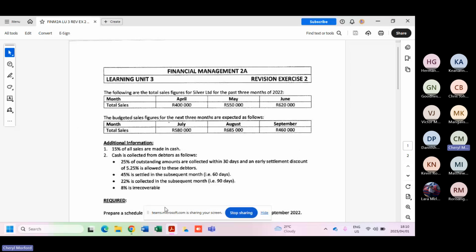When it comes to the bank section of the statement, we obviously need to look at receipts of cash and payments in cash. When it comes to the receipts, every question is different, but there are always two regulars that are going to feature: the cash sales, and the receipts from debtors.